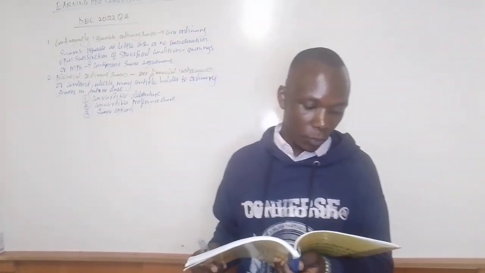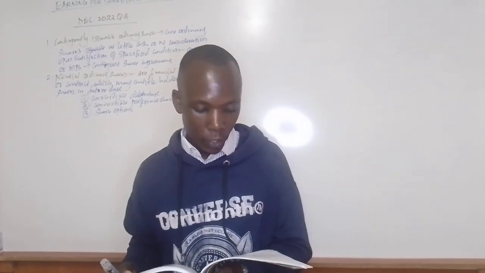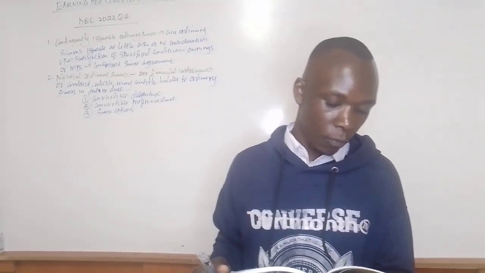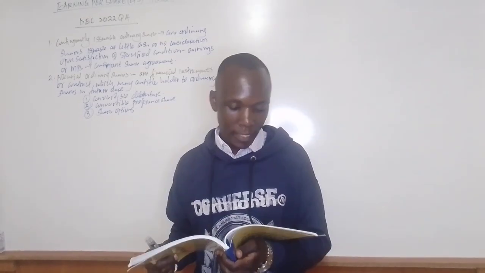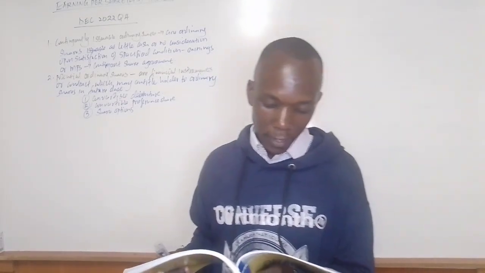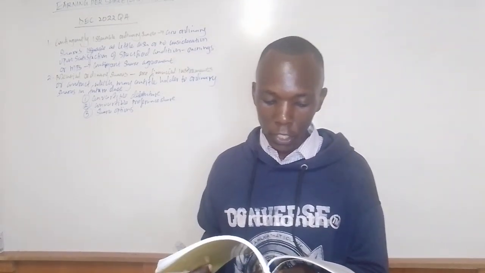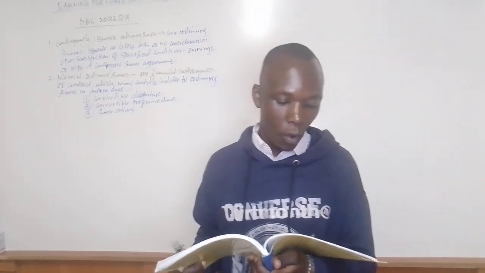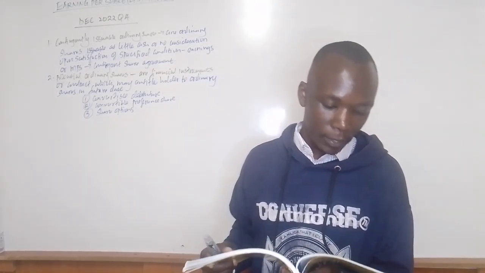Then number 3, on 1st December 2021, D Limited invited its ordinary shareholders for a rights issue in the proportion of 1 for 4 at shillings 12 per share. The shares were quoted immediately before the rights issue at shillings 15 per share. All the rights were fully subscribed.